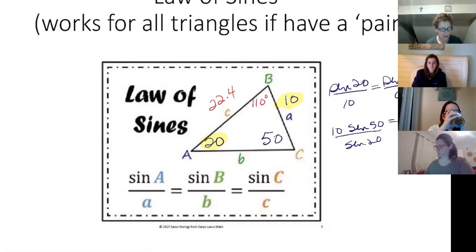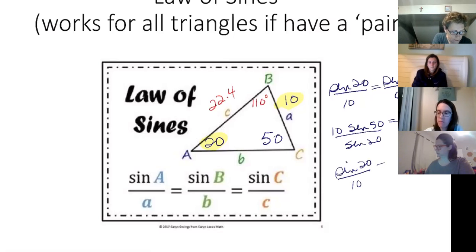Now I just need the missing side. I need my pairings again. Usually I tell the kids, go with the values they gave you, not with the ones that you find, just in case you have an error. They had given me the 20 and the 10. I'm going to use that for my base ratio.